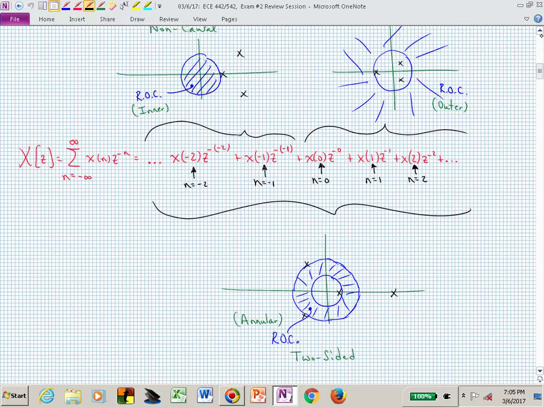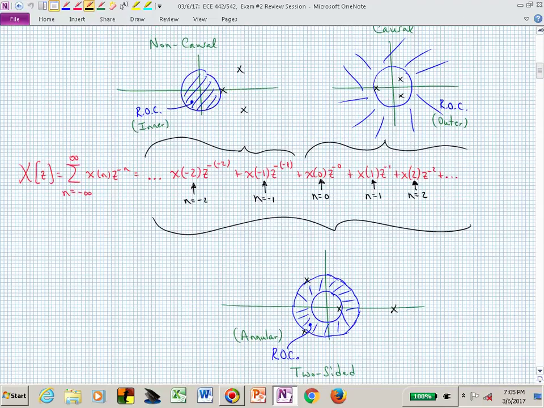With just this one diagram, you should be able to make sense of the connection between a region of convergence and which particular indices x is defined for. Is that clear? If you want to know, based on a region of convergence, what x of n is defined for, hopefully this picture will help you make that connection.